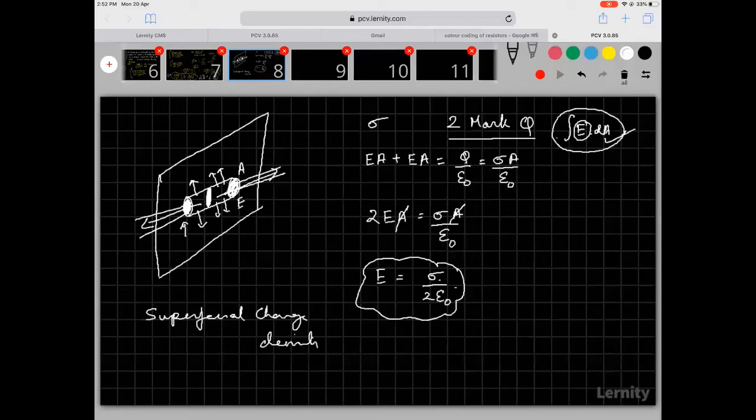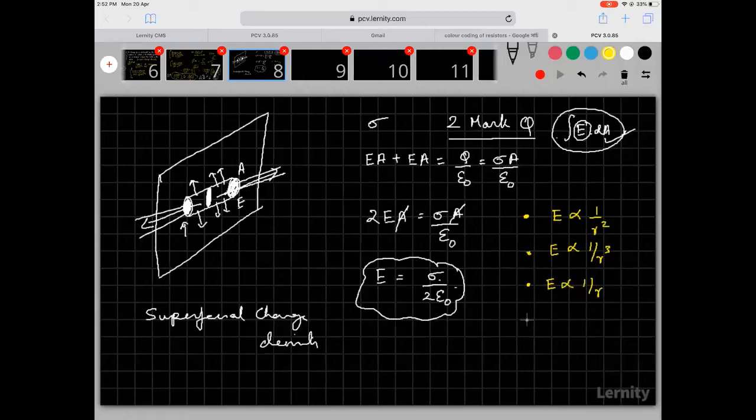So if I can recollect for you, you have seen a point charge. For a point charge, electric field is proportional to 1 upon r squared. Then you have a dipole for which the electric field is proportional to 1 upon r cubed. Then you have a line charge where the electric field is proportional to 1 upon r.